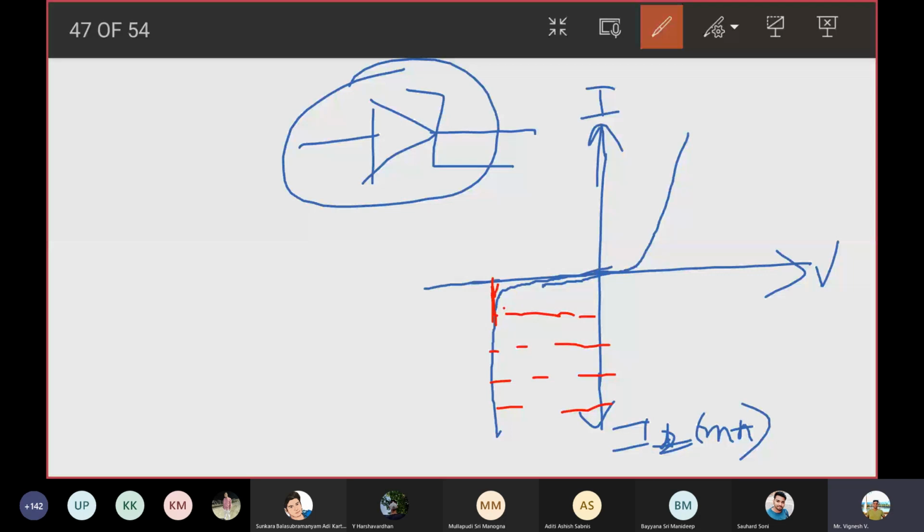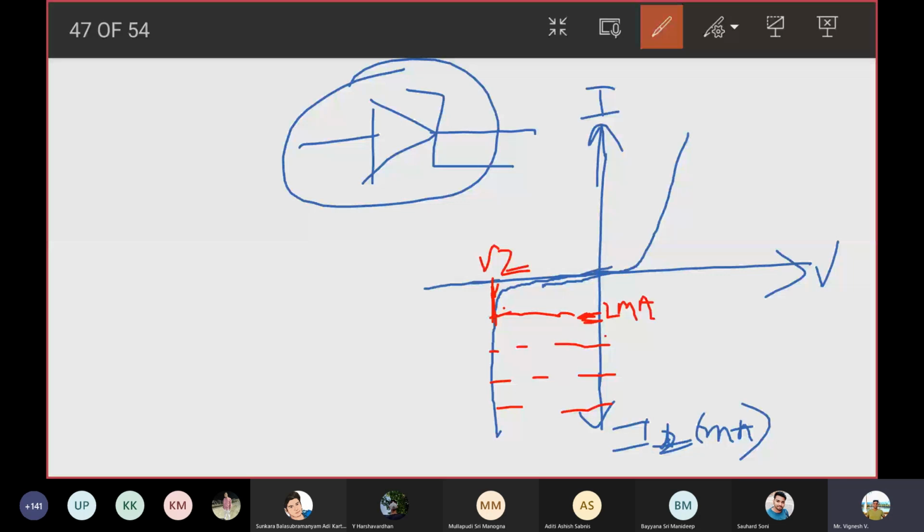If this current is 2 milliamps, the voltage is VZ. If the current is 3 milliamps, what is the voltage? It is almost VZ. For 4 milliamps, it is the same. For 5 milliamps, it is the same. So your voltage is constant, but your current keeps on increasing, right? And that is a beautiful advantage that you can exploit.